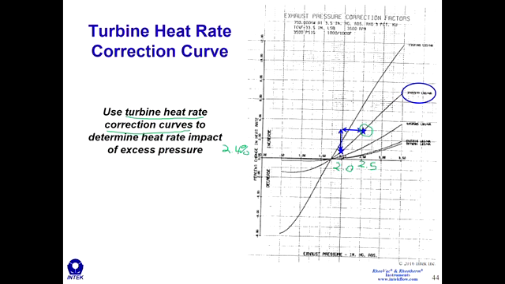Yeah, that's a 0, that's a 2, that's a 4. Yeah, that's right. So 2.4% change for this half-inch pressure reduction. And that's how you can value the impact of reducing your condenser pressure by, again, reducing inlet temperature, reducing air leakage, cleaning the tubes, whatever it may be.